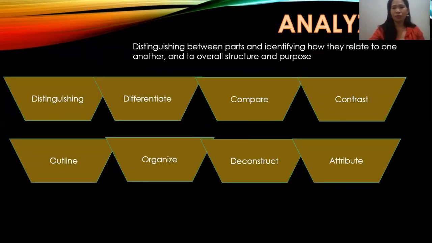Analyzing. In analyzing, it's distinguishing between parts and identifying how they relate to one another and to the overall structure and purpose. Distinguish, differentiate, compare, contrast, outline, organize, deconstruct, attribute.